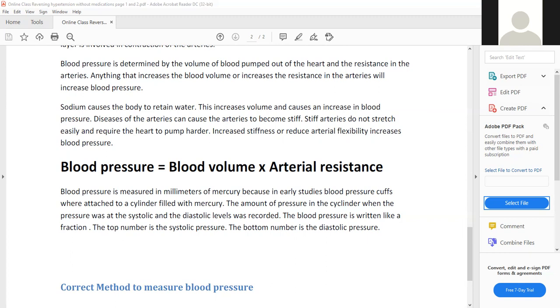So we're going to go to the spices. When we look at the spices, this gets really interesting because there are lots of things out there that people take and they haven't really been shown to lower your blood pressure.